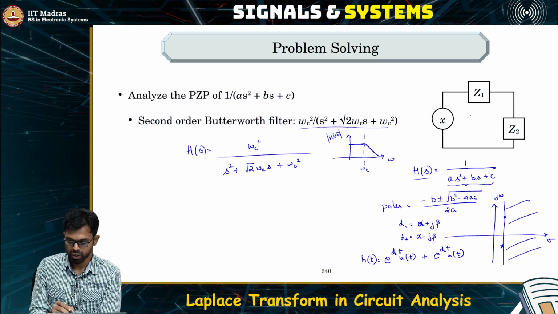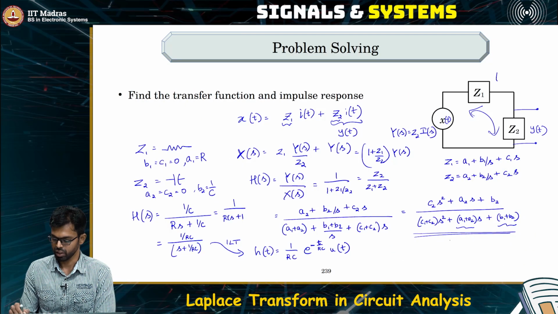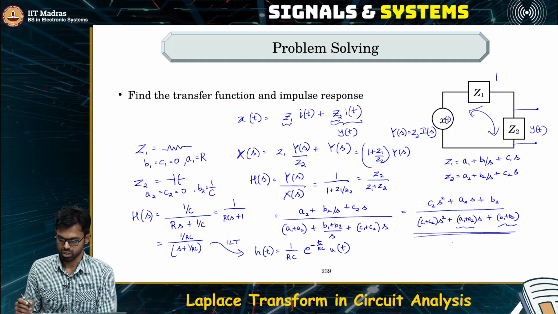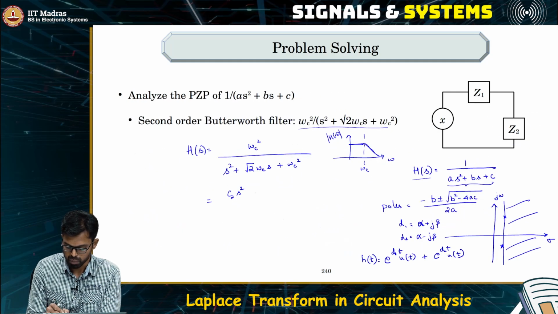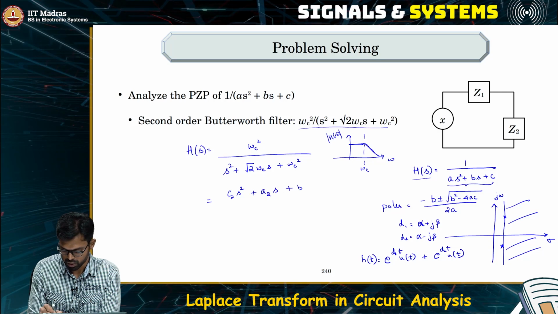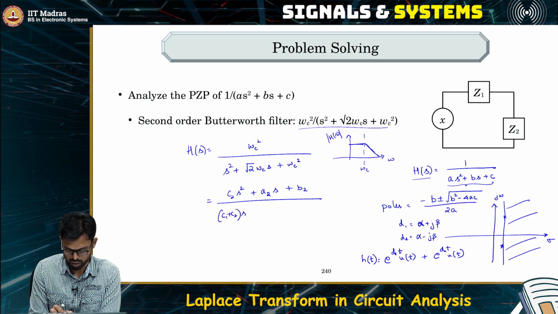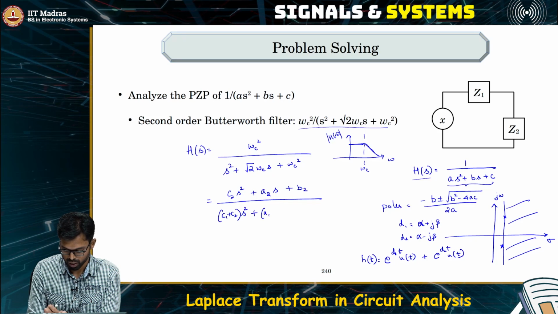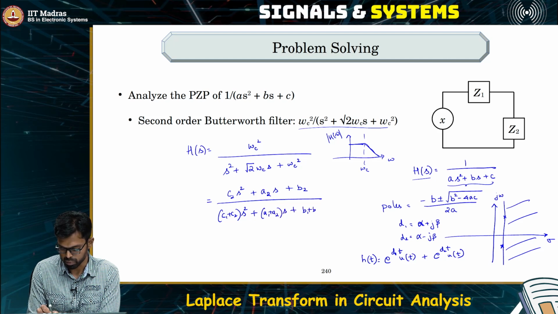In other words, we have to equate this to the equation that we have here: C2 s square plus A2 s plus B2, divided by (C1 plus C2) s square plus (A1 plus A2) s plus (B1 plus B2).